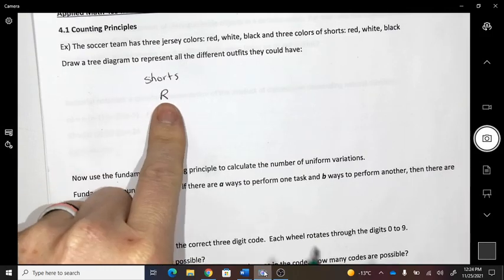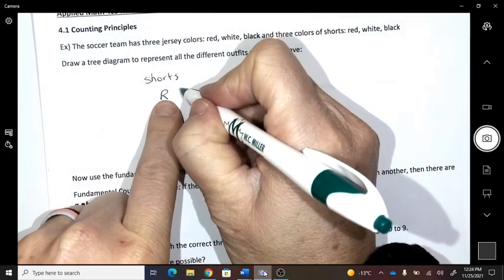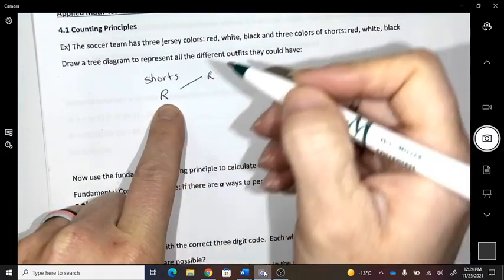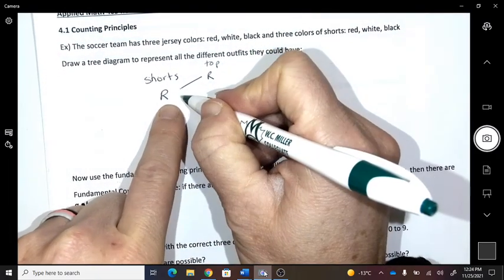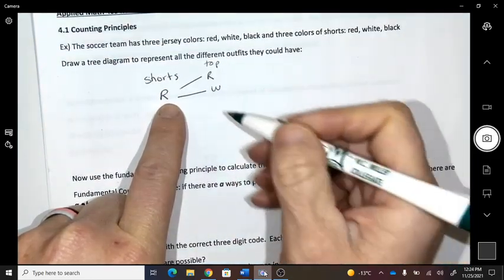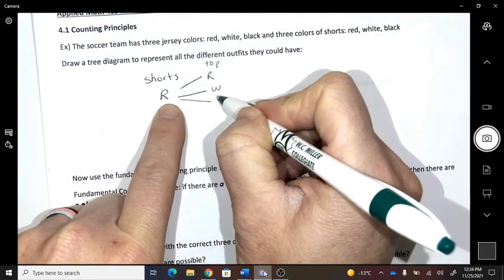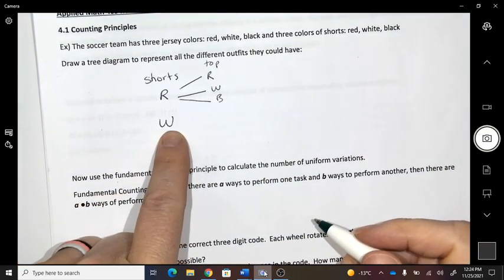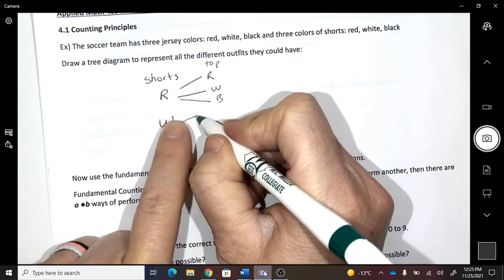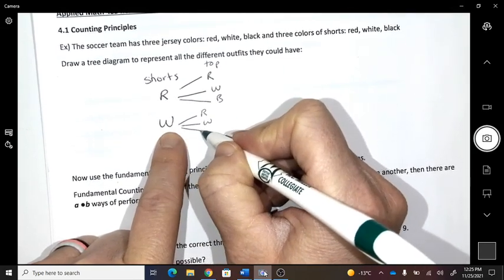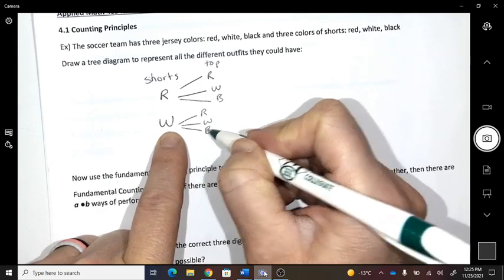If they were wearing red shorts, they could wear red shorts with a red top, red shorts with a white top, red shorts with a black top. If they were wearing white shorts, they could go white red, white white, or white black.